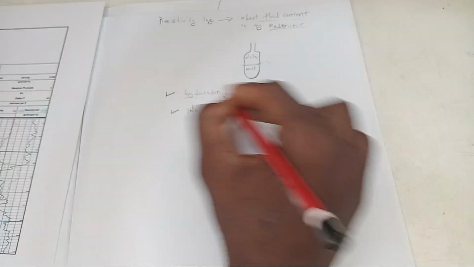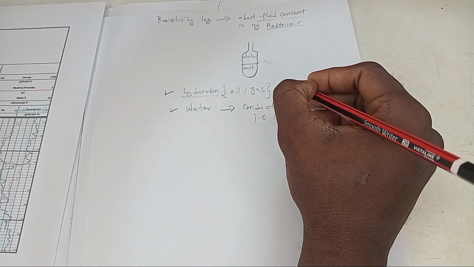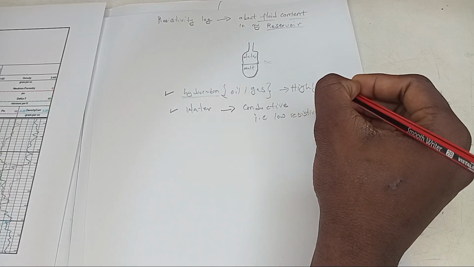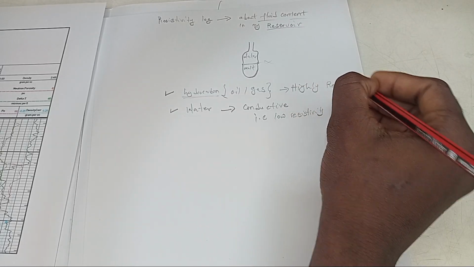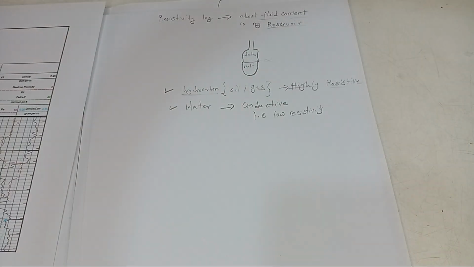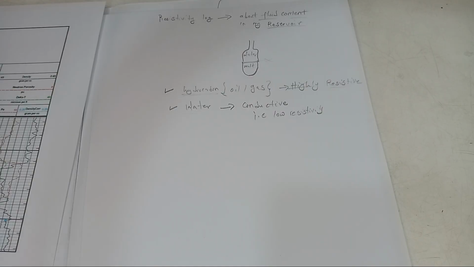Good. While hydrocarbons have low conductivity. They are highly resistive. Let me give you a hint. Resistivity cannot tell us if it's oil or gas, but let's say we have gas there. You know that air is a mixture of gases, from basic chemistry.